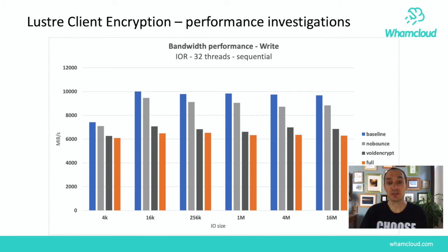The other hypothesis we tested is called void encrypt here, and it consists in hacking the FSCrypt primitive so that it does not actually encrypt data, but it still handles all the rest, including the bounce page allocation.